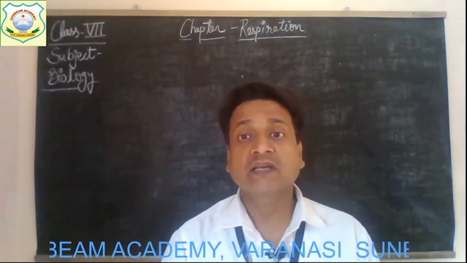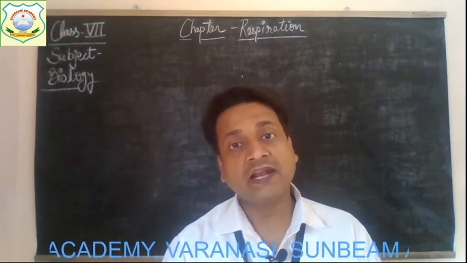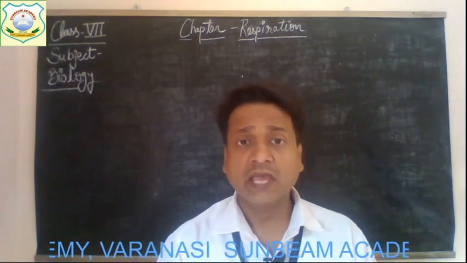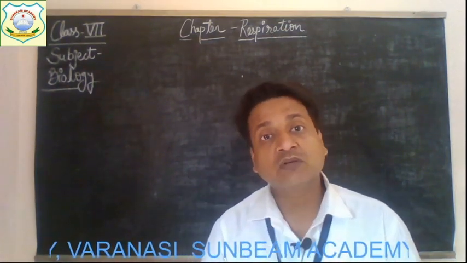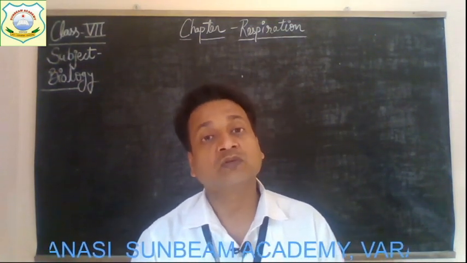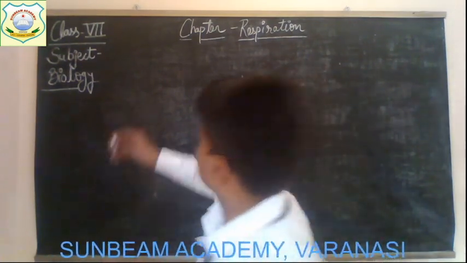Carbon dioxide enters the plant's body and oxygen comes out through the stomata. But the cells of the roots also need oxygen for respiration. So today we will discuss the topic root respiration.